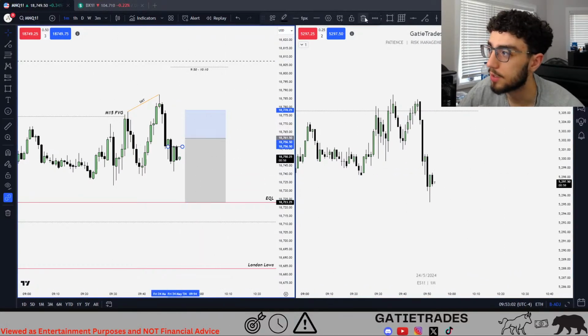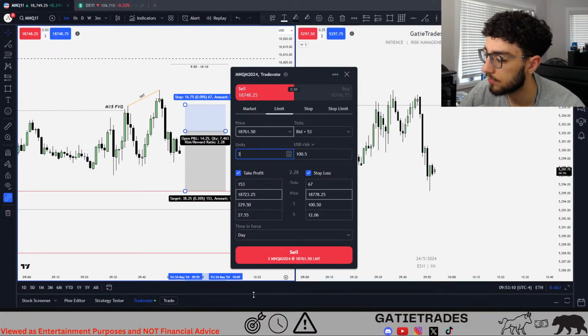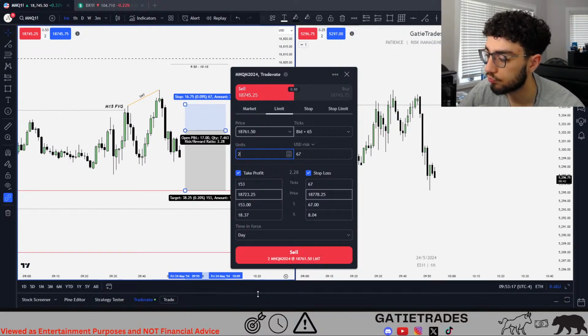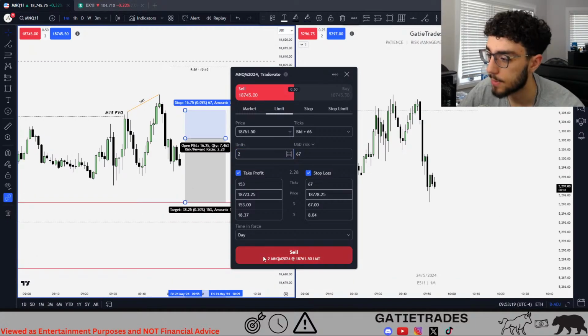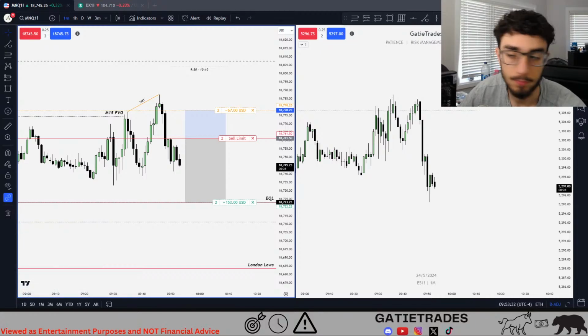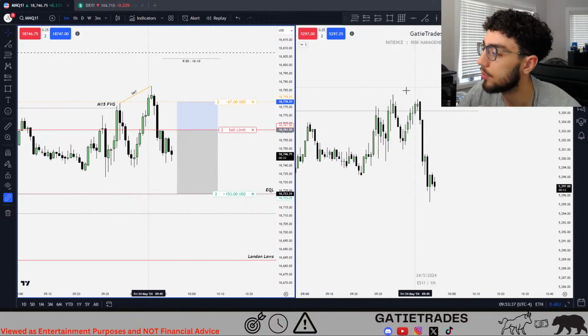I think I'm happy with something like that. Two micros. I'm happy with something like this. Two micros. Take one limit there, one limit London lows.